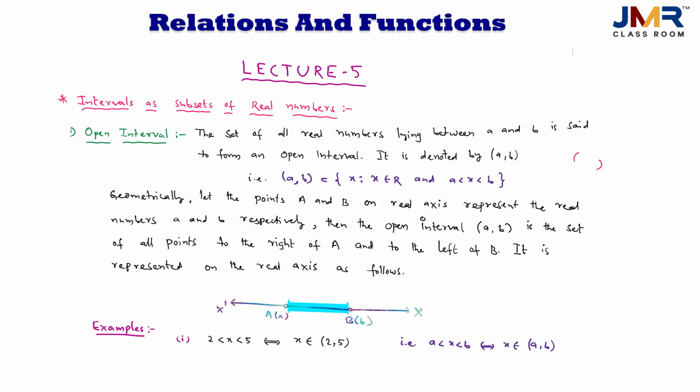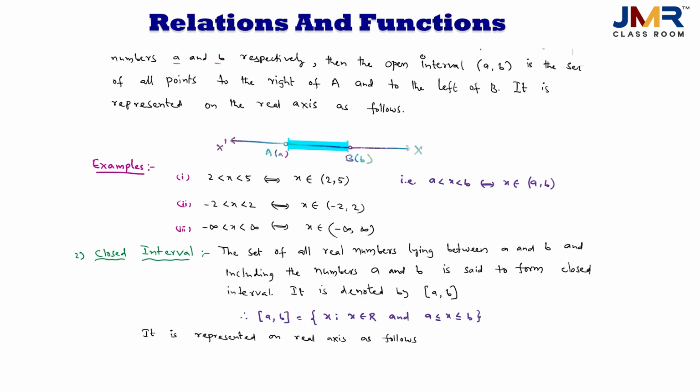Geometrically, how do we represent (a, b) on a real line? Let the points A and B on the real axis be represented by the real numbers a and b respectively. Then the open interval (a, b) is the set of all points to the right of a and to the left of b, without including a and b.